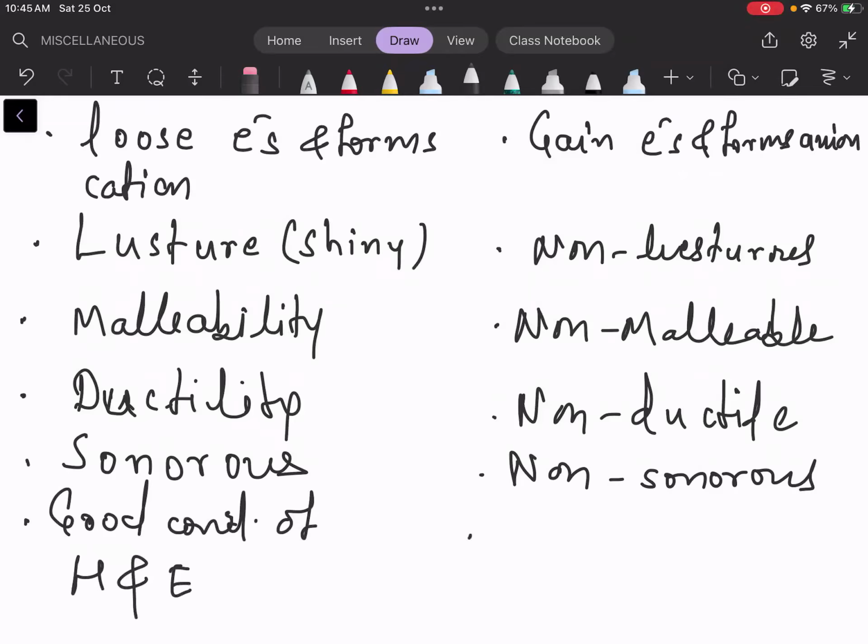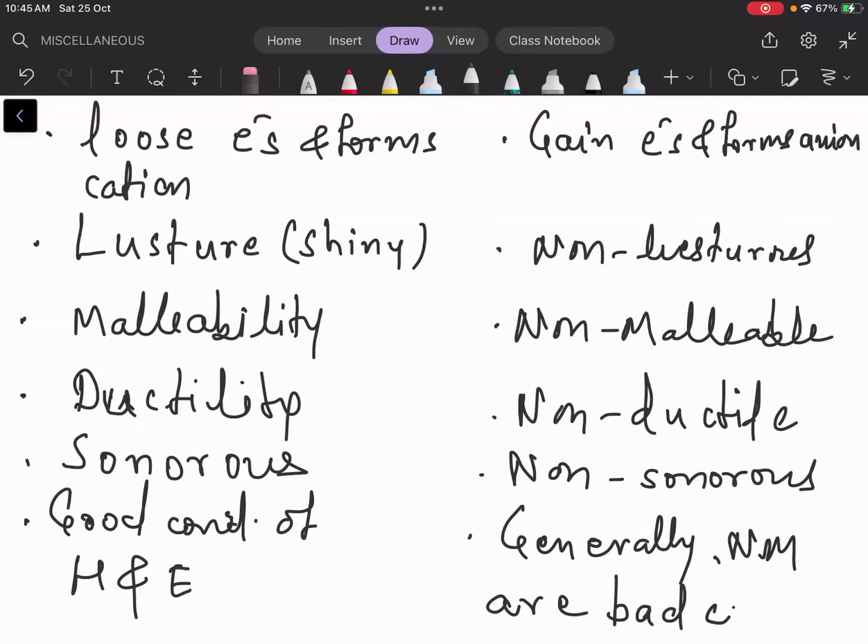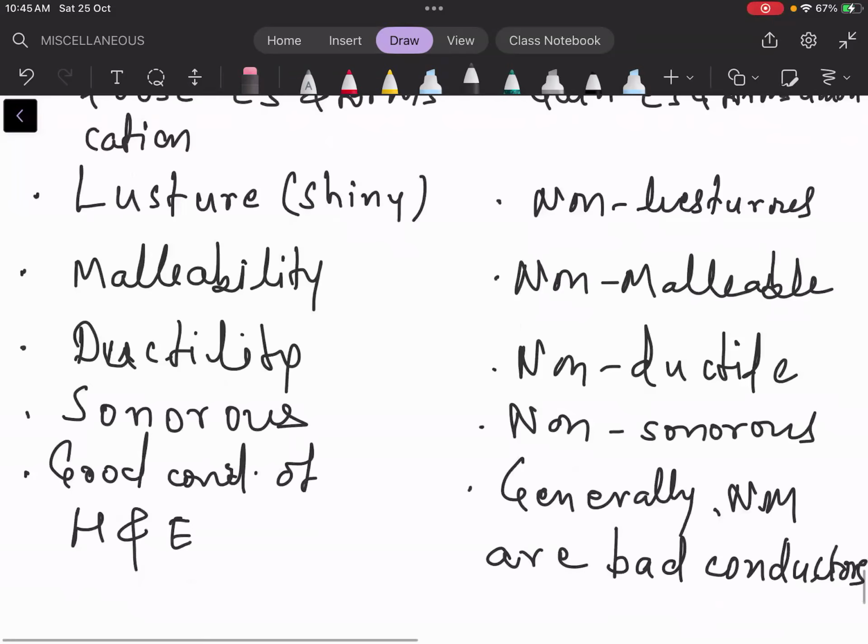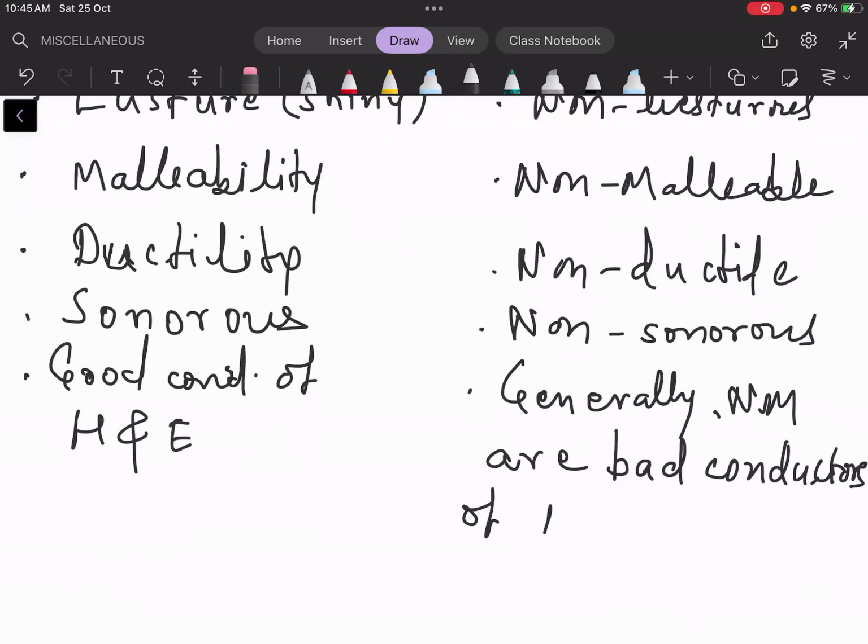Generally, non-metals, this is not 100% applicable, are bad conductors of heat and electricity. Non-metals are generally bad conductors of what? Heat and electricity. Is there any doubt?